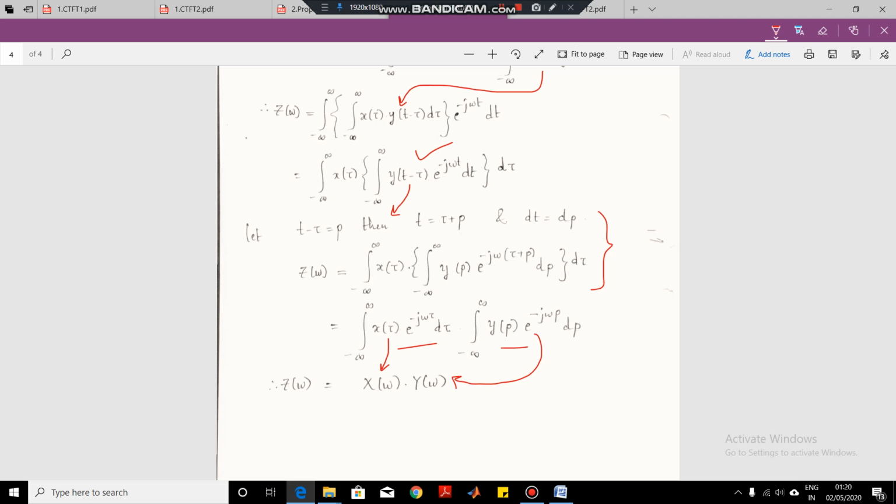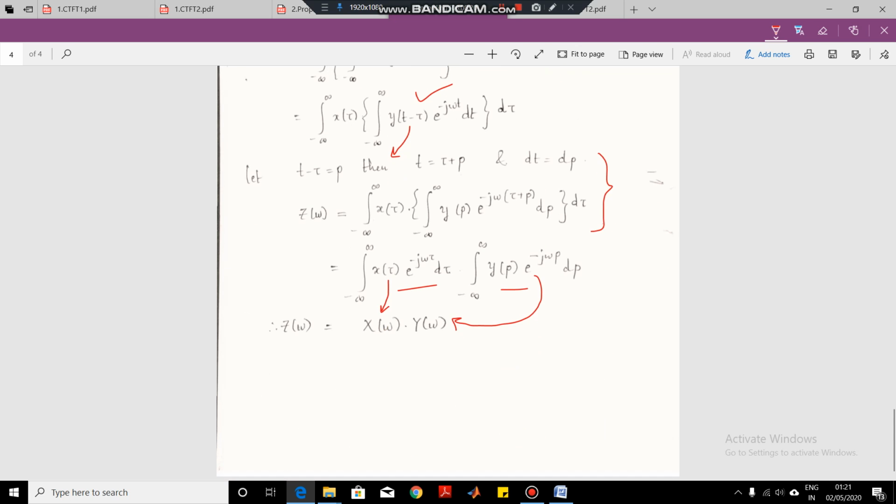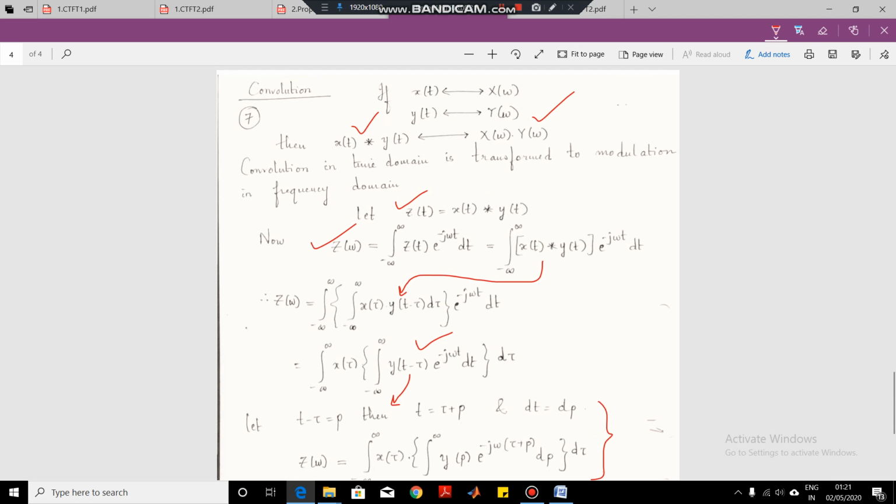Here the variable is tau, and here the variable is t. Here we denote the signal as x of tau, here the signal y of t. So this is the proof: when we take the convolution of two signals in the time domain, in the Fourier frequency domain the multiplication of the Fourier transforms of those two signals takes place. So this is the convolution property.